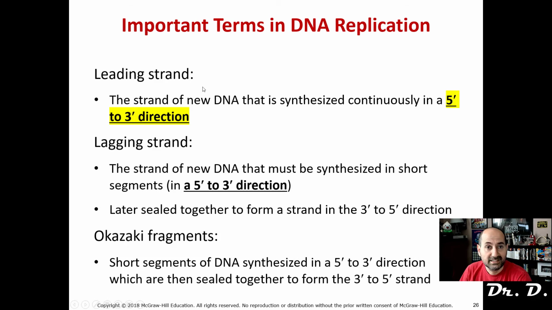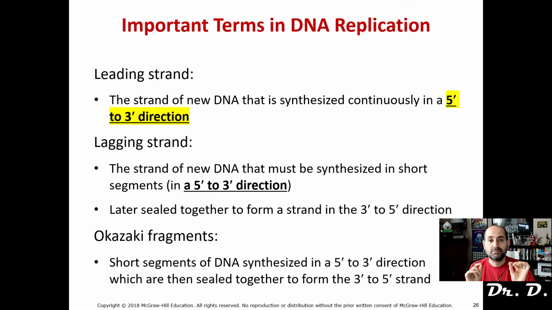Know that DNA is synthesized in a 5' to 3' direction with respect to the daughter strand. The daughter strand, the new strand, is being built in a 5' to 3' direction, and that would be the leading strand.